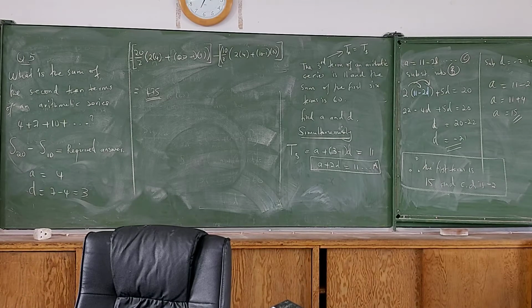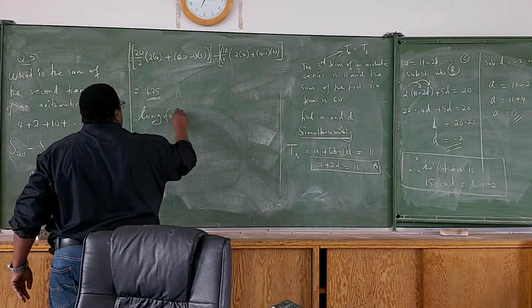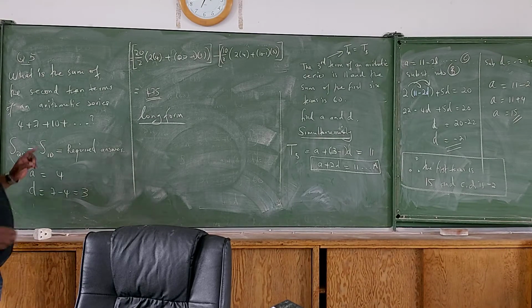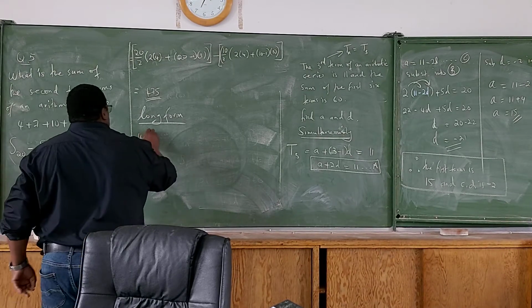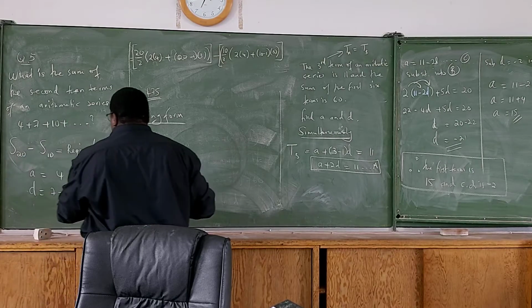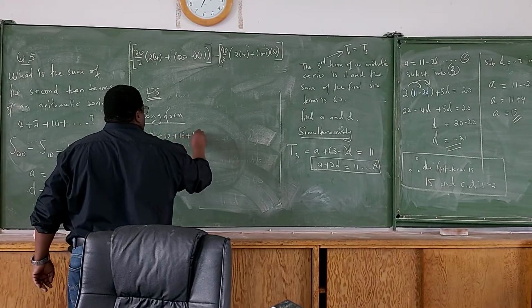Does that make sense to anybody? Makes sense. I'm just going to write it in long form, just so you get an idea what I mean by this. So the first term is 4 plus 7. So we're adding 3 every time. Plus 10. What is next? 13. Next? 16.